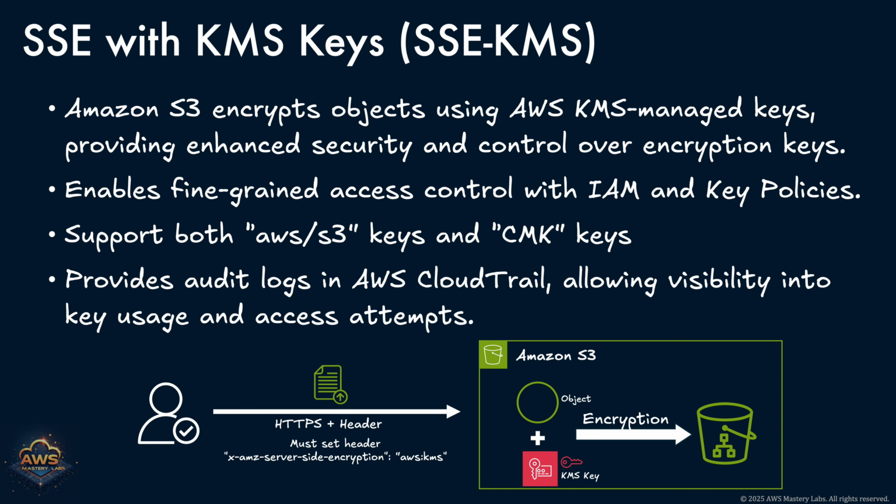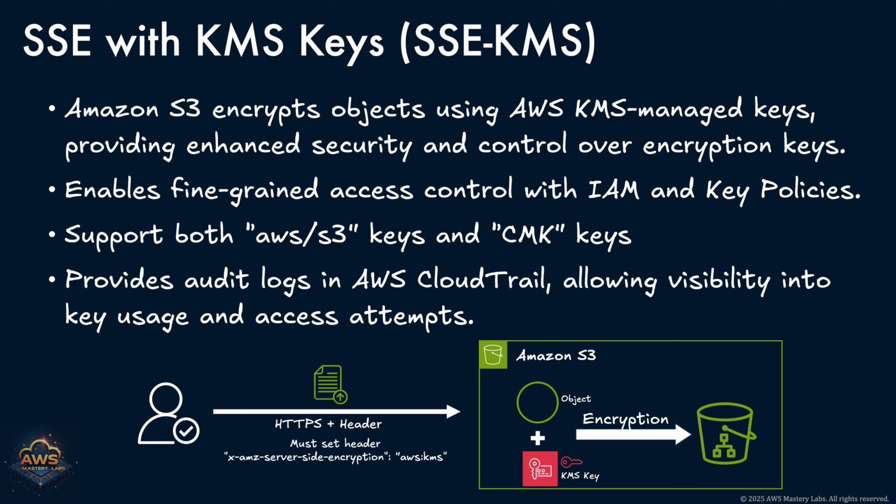Amazon S3 supports SSE-KMS, a powerful encryption option that leverages the AWS Key Management Service to provide enhanced security and greater control over encryption keys. With SSE-KMS, each object is encrypted using a unique data key, which is itself protected by a KMS Managed Customer Key, CMK. There are two types of encryption keys available when using SSE-KMS: AWS Managed KMS keys and Customer Managed KMS keys, CMKs.